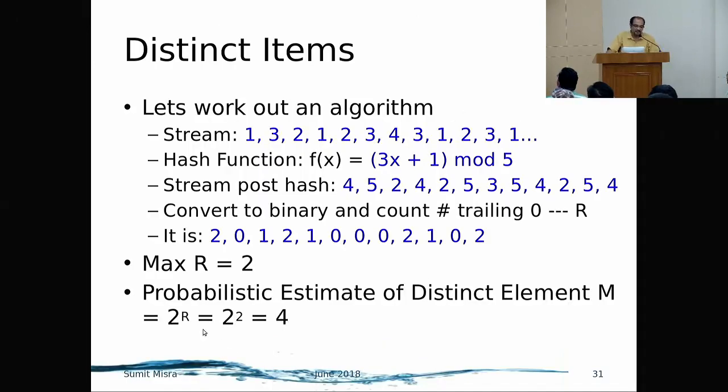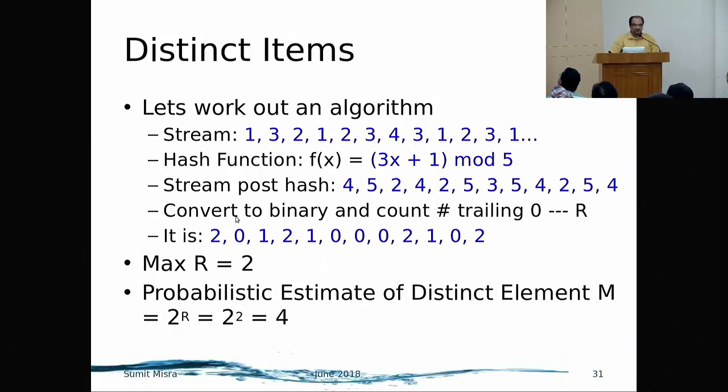So for the distinct items, here is again that stream. Now I'll give you a magic algorithm. You have a hash function which is like this. If you apply the hash function, this is what comes out. You have to believe me, don't compute.